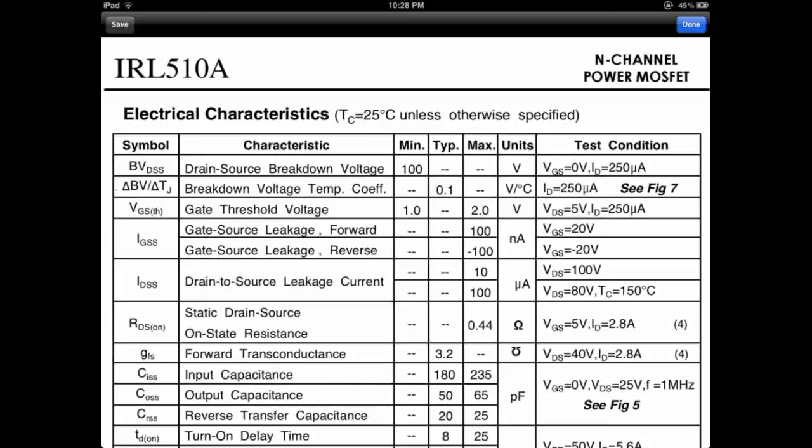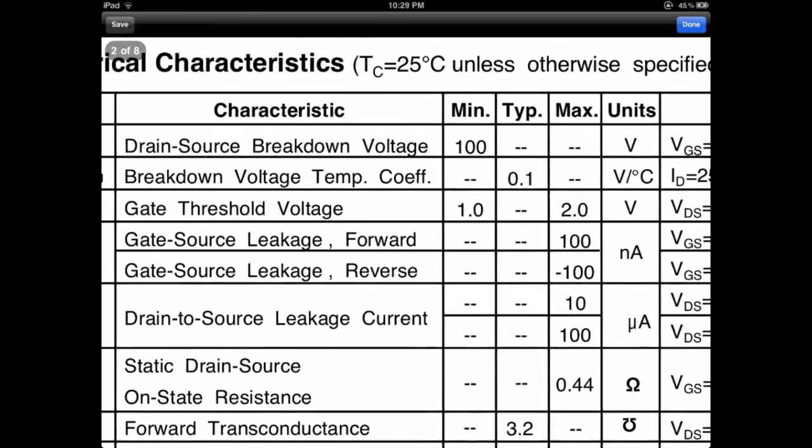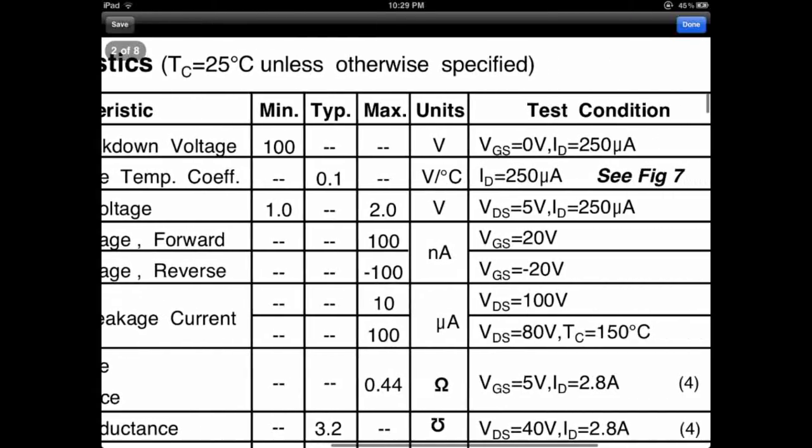Just like everything else in the real world, it does draw some current. It's very tiny, but depending on your application, if you're creating some sort of meter that reads stuff, that tiny current might be significant. So you want to pay attention to your leakages, and that's what these gate source forward and reverse leakages are.